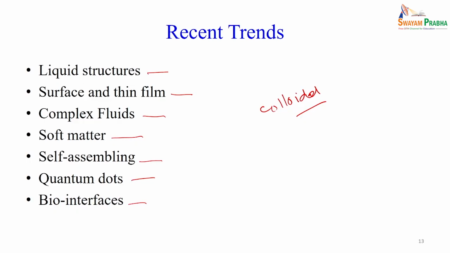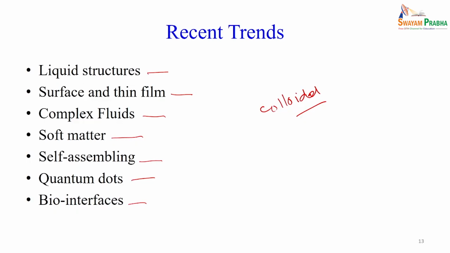And very interesting is that first we understood how intermolecular forces affect the physical and chemical properties of a system. Now we are understanding how these intermolecular forces define the behavior and properties of simple systems like liquid structures, surface and thin film formation, complex fluids, biointerfaces, and self assembly of molecules.